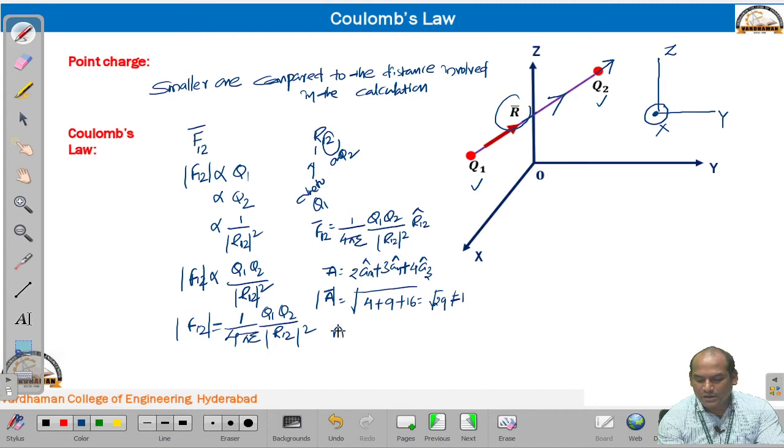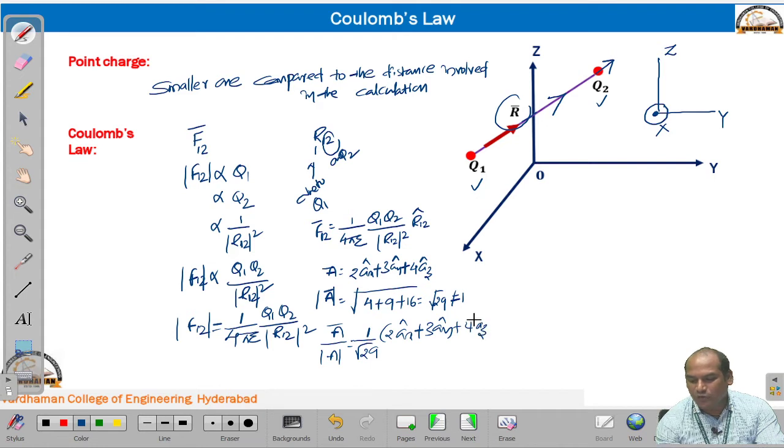Then what will happen? You see, a bar by magnitude of a bar is equal to the vector we will get, that is 1 by root 29 into 2 ax cap plus 3 ay cap plus 4 az cap. Now, it is a unit vector because 1 by root 29 is a number, that is a scalar, and the magnitude of this 2 ax plus 3 ay plus 4 az is already root 29.